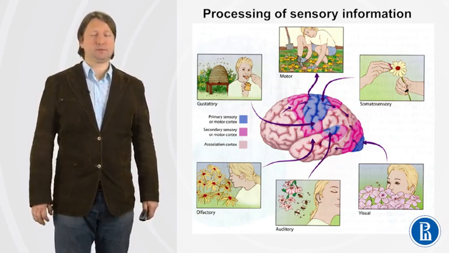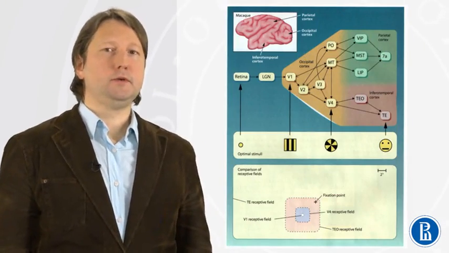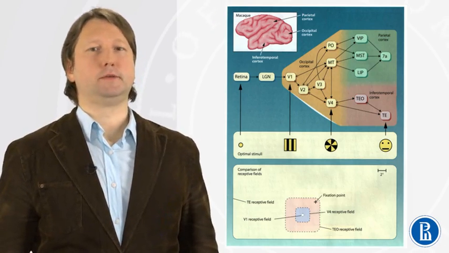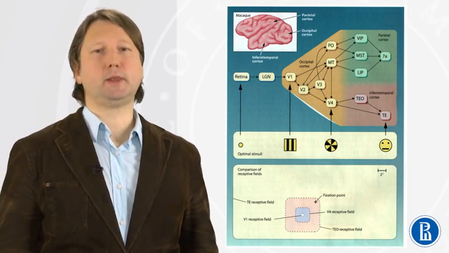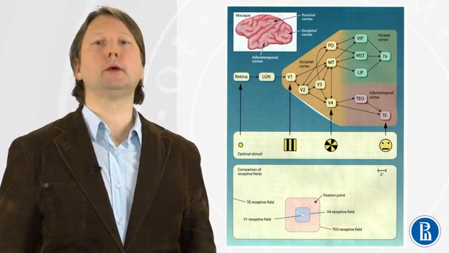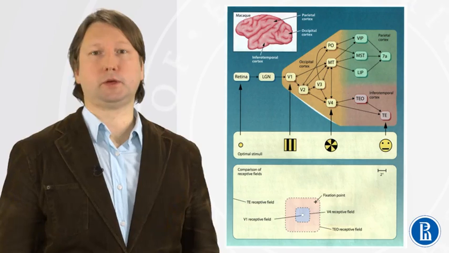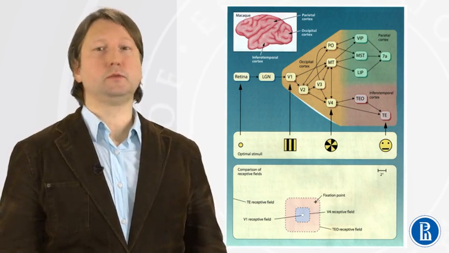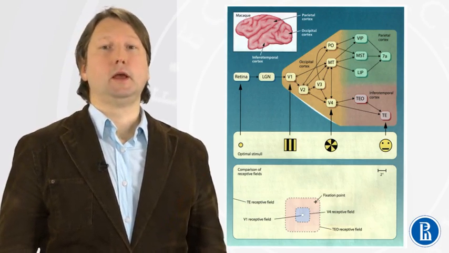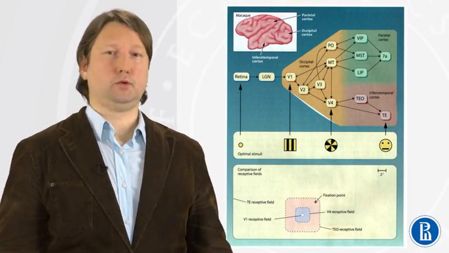So now I will give you the major metaphor of cognitive neuroscience that explains how our brain processes sensory information. Visual information, for example, first comes to our visual cortex.